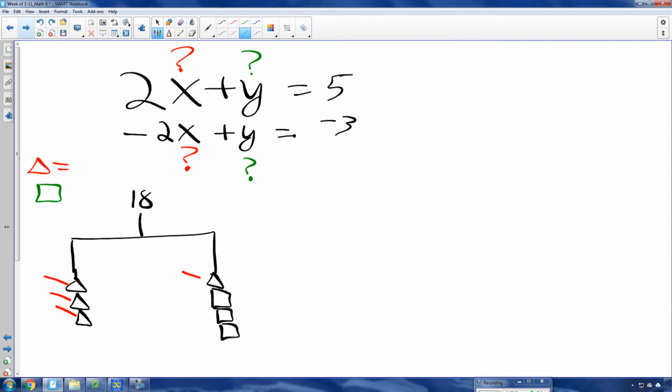But we can pretty quickly find out that if this is 18, then this is 9, and this is 9, and the triangle must be 3, 3, 3. So the triangle is equal to 3.